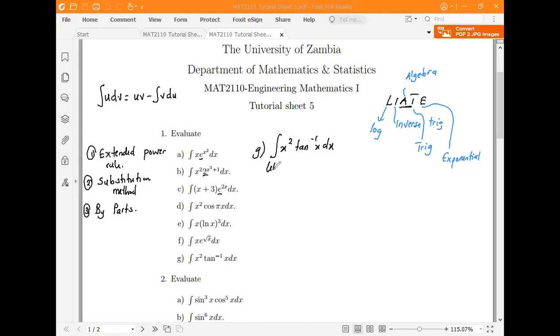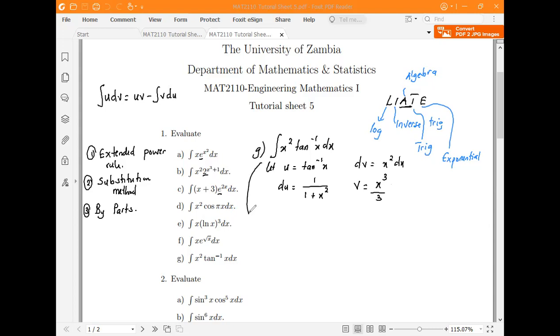So before we forget, let u be tan inverse of x. Then differentiate it quickly. Derivative of it is 1 over 1 plus x². Then let dv be x² dx. So v is going to be x to the power 3 over 3.